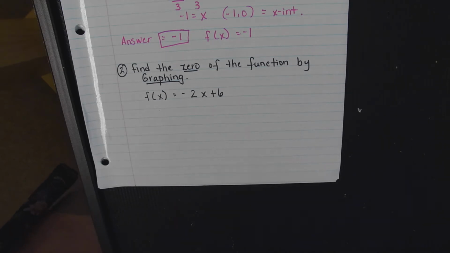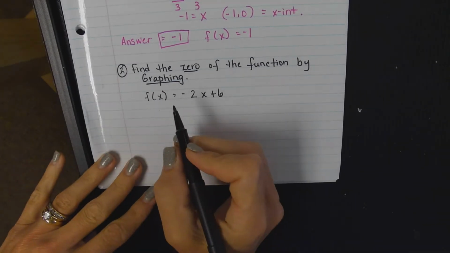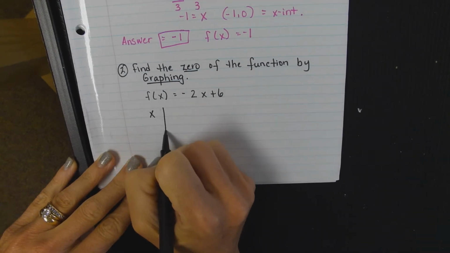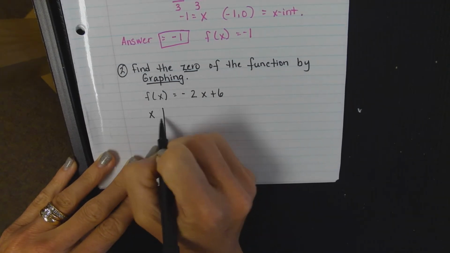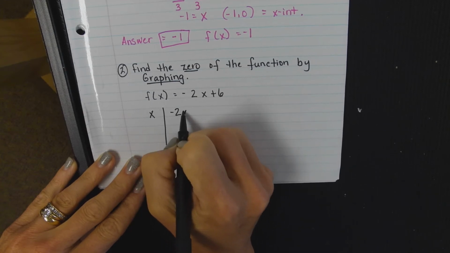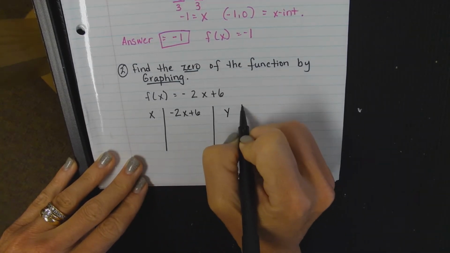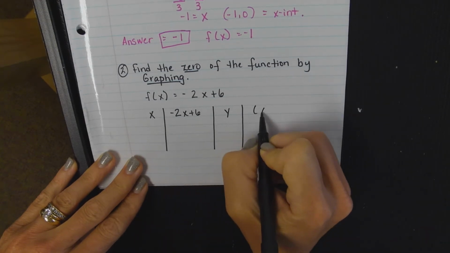So we're going to do this together, obviously. We're going to find the zero of the function by graphing. So now we're going to make a table. So let's do this. We're going to pick our x's. Here's our work. Get our y.